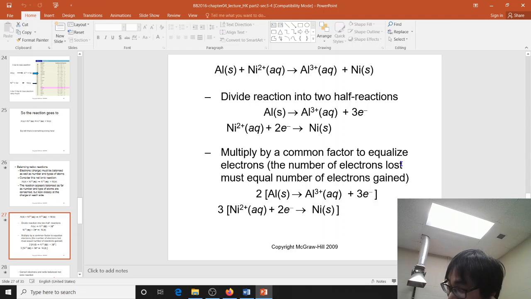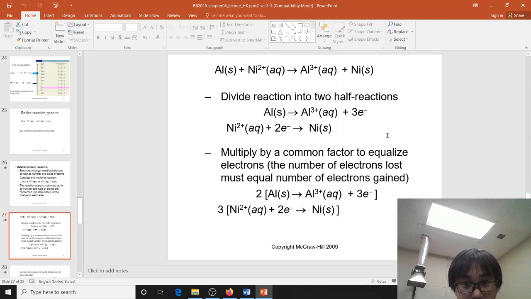It doesn't have to be the smallest, but it makes your life so much easier. So for this case, it's 6, right? 6 can be divided by 3, 6 can be divided by 2, right?